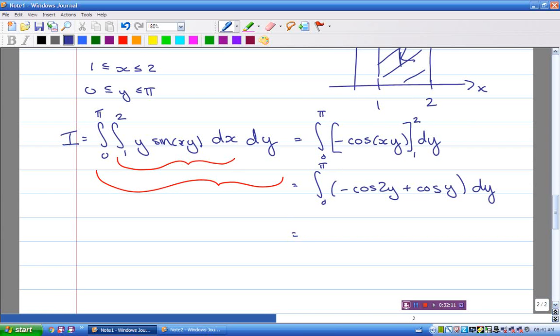Now it's a single variable integral. I asked myself, what did I differentiate to get that? It'll be minus a half sine 2y plus sine y from 0 to pi. Sine of 2 pi is 0, sine of pi is 0, sine of 0.